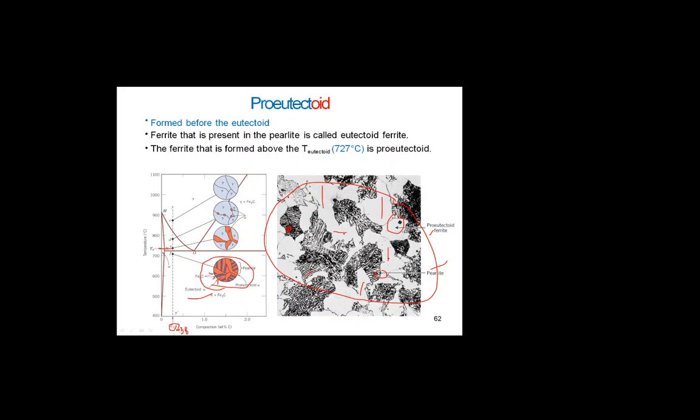So slow cooling to below the eutectoid temperature leads to the pro-eutectoid reactions, and that kind of appearance of the material takes place.